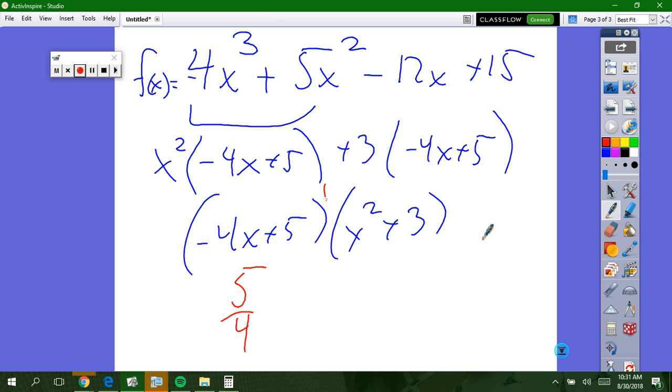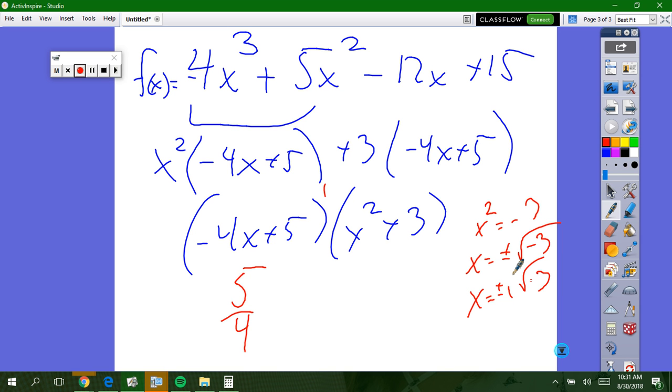If I solved him, I get plus or minus i root 3. Are those zeros? Yes or no? Are they graphable zeros, if I was graphing it in the imaginary number line?